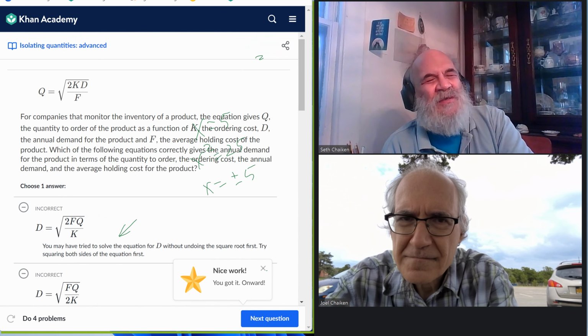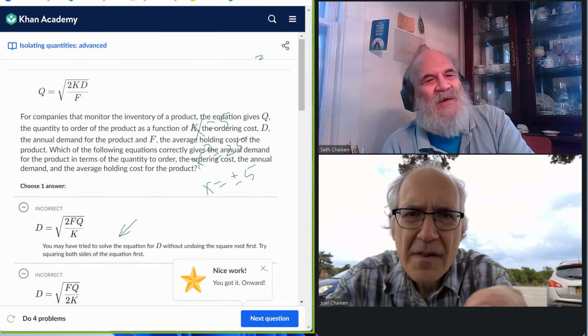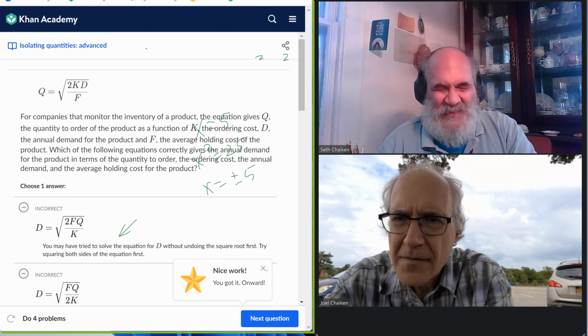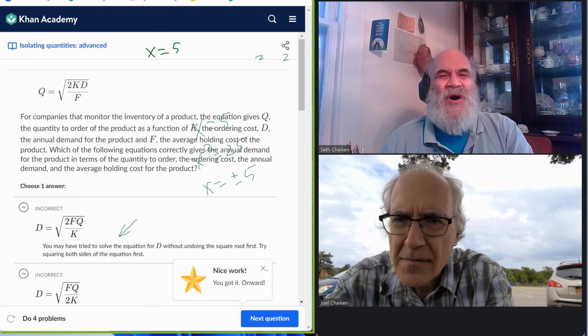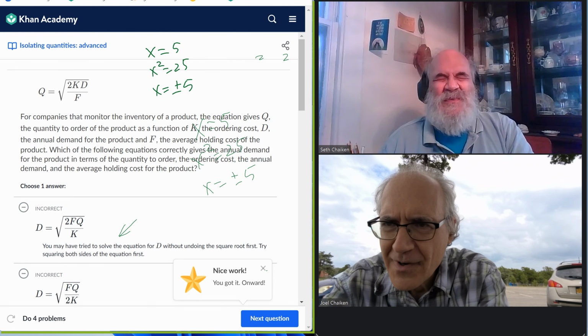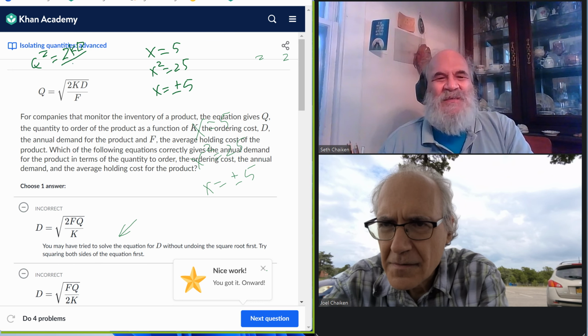It's in this problem. Sorry, D is the unknown. Okay, now you're squaring both sides. D, if the SAT problem we did.